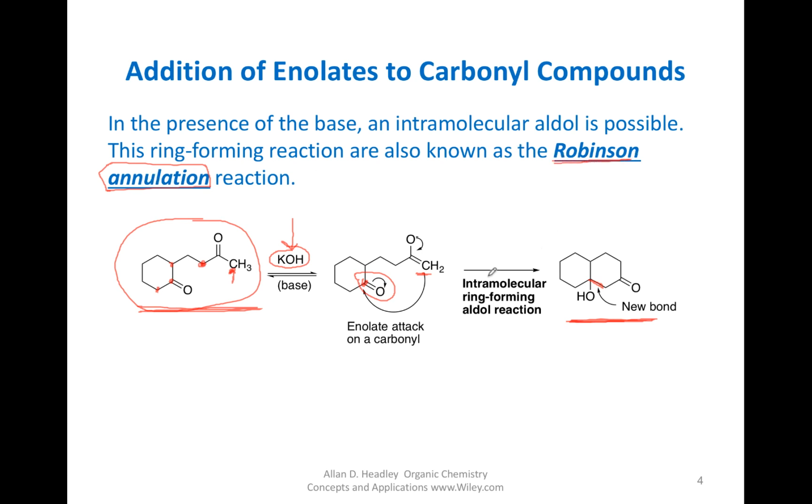So another term is an intramolecular ring forming aldol reaction, or you can just say the Robinson annulation reaction. Again, look at the product carefully and see if you can determine how that six-membered ring was formed.